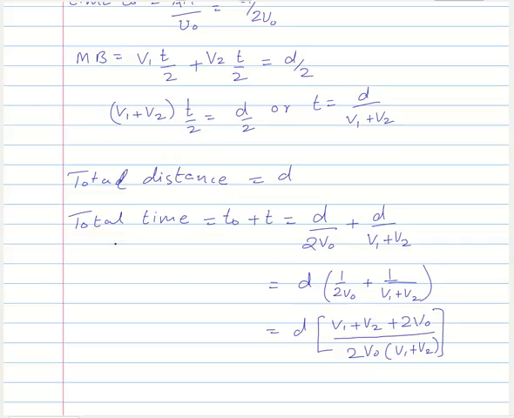So now the average speed is equal to d divided by this expression.